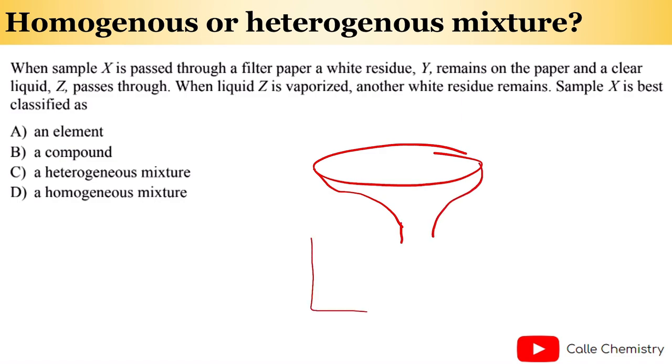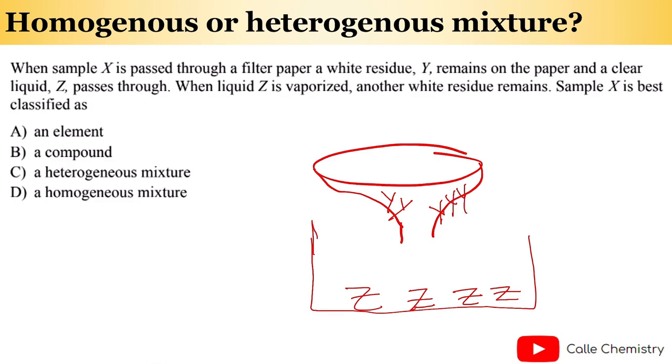We got a container. In the container, we have a liquid Z that went through. And then on the filter paper, we have Y, so the white residue. And this all came from sample X.